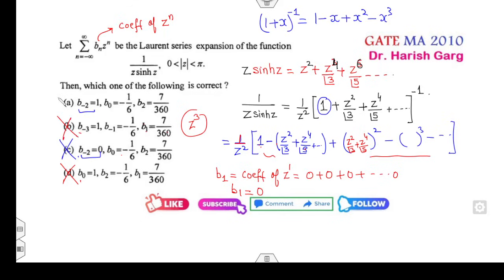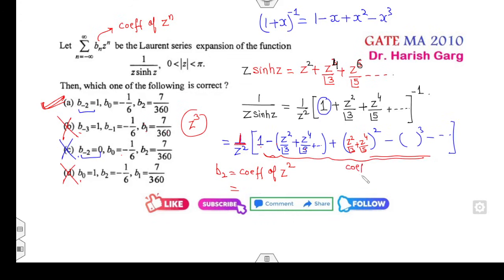So b2 is the only left option, and I will show you by calculating it as well. What is b2? b2 means the coefficient of z square. So when will z square be formed? From inside, which coefficient do you need? 1 over z square is already outside, so that means your target is to find the coefficient of z raised to power 4. Can you get the coefficient of z raised to power 4? The first term will be minus 1 over 5 factorial. Do you get the z raised to power 4?